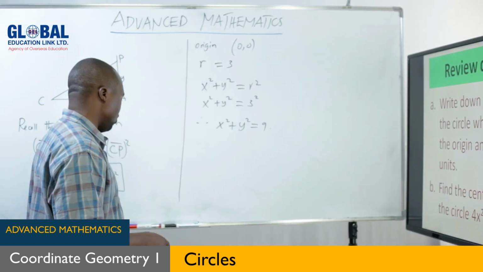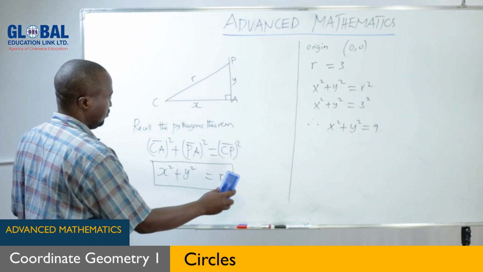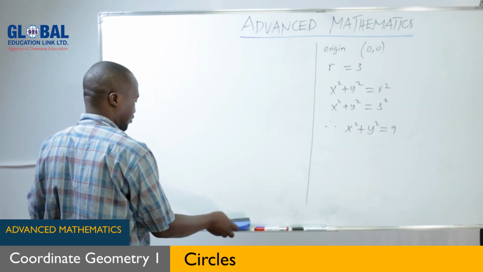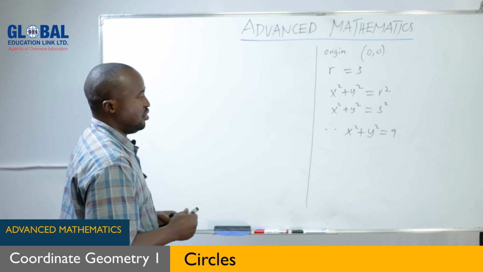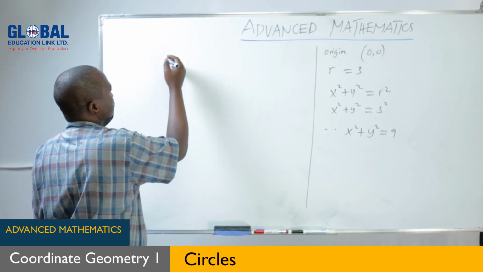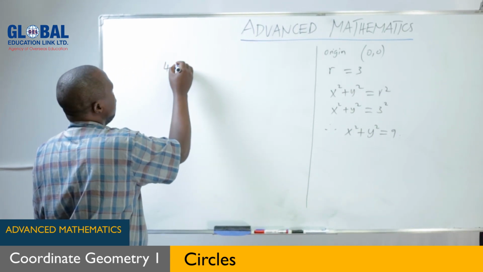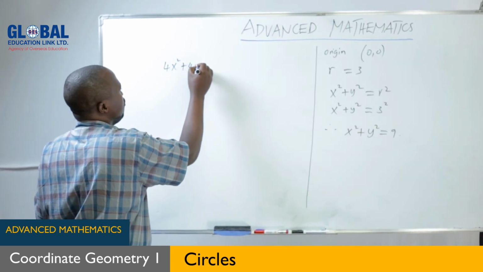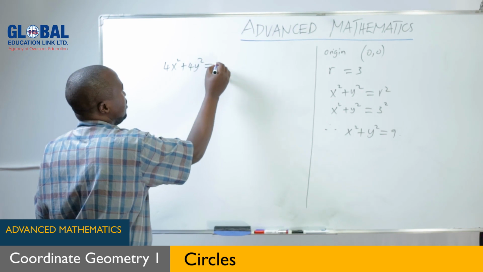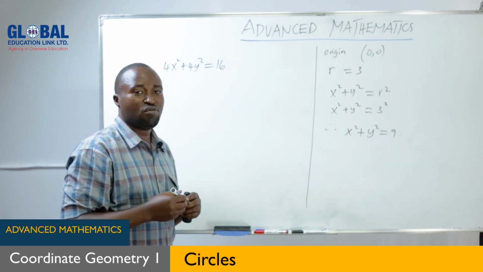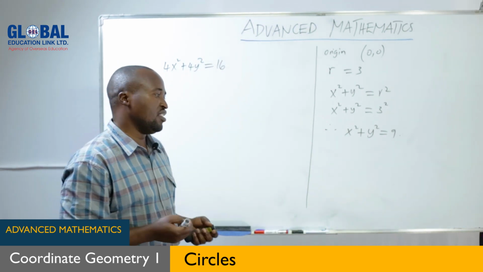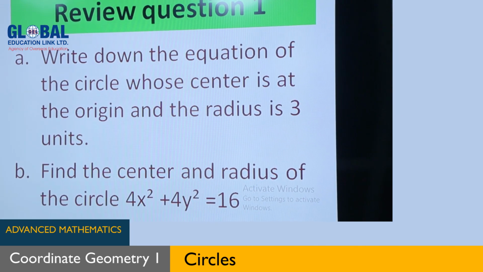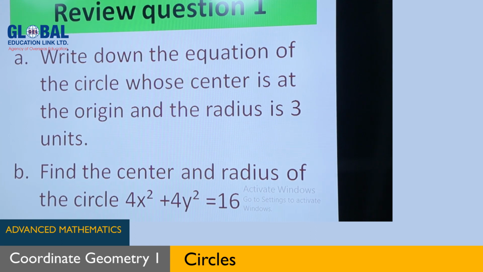So here we have the second question: 4x squared plus 4y squared is equal to 16. That is the equation of the circle. But in this case, we are supposed to find the center and the radius.